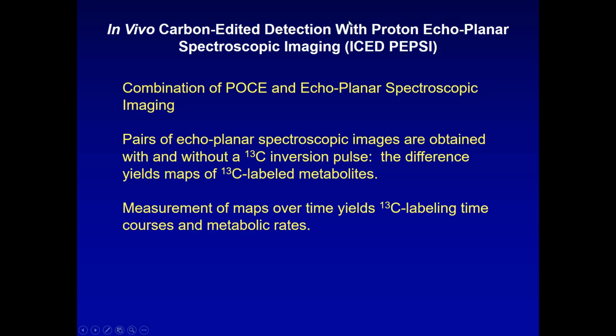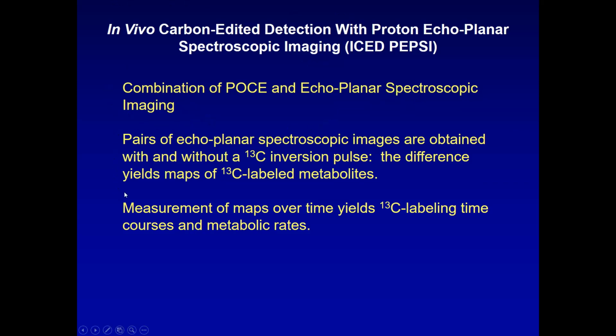If you acquire pairs of proton spectroscopic images with and without carbon-13 inversion pulses, you can do mapping of POCE, of the C13 seen through protons. So we combine POCE and echoplanar spectroscopic imaging.